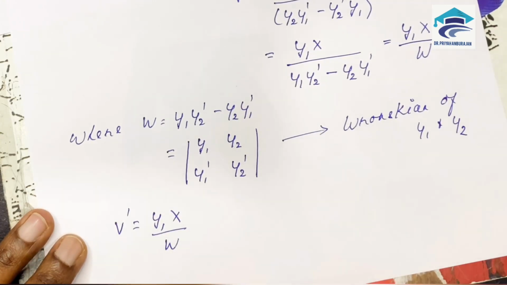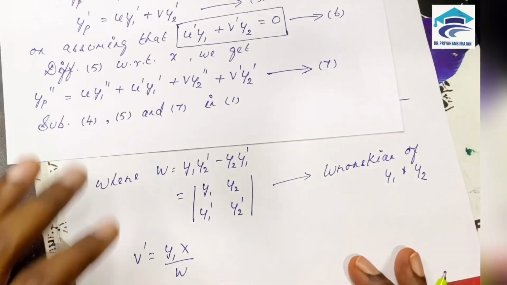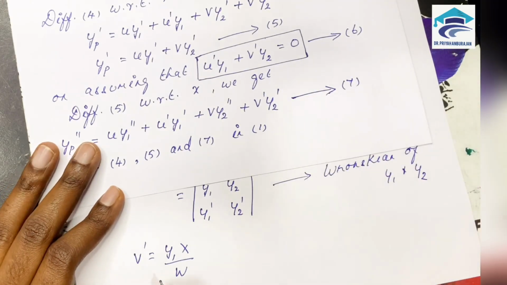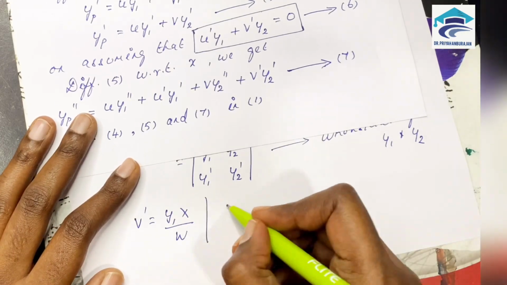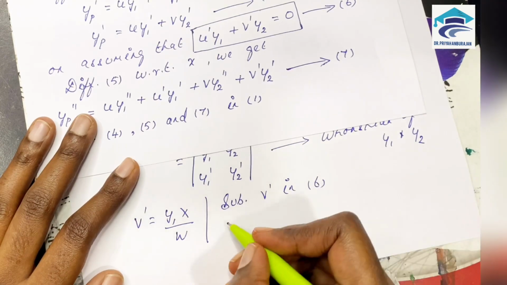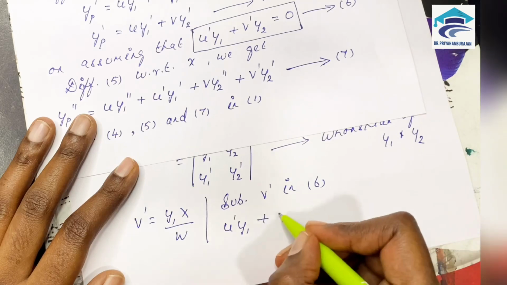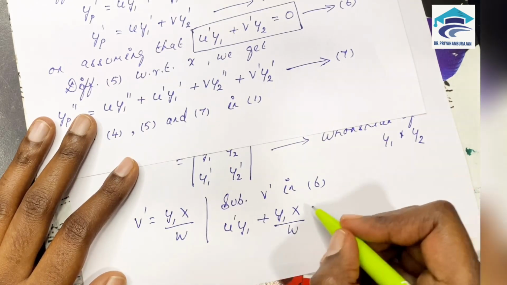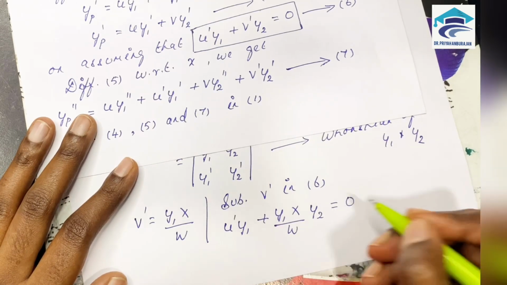So how to find u dash? For finding u dash, let me take equation 6. I'm going to substitute this v dash in equation 6. Substituting v dash in equation 6, we have u dash y1 plus y1x by w into y2 is equal to 0.